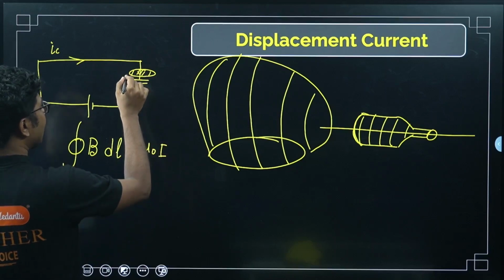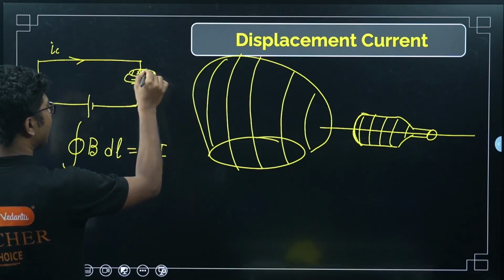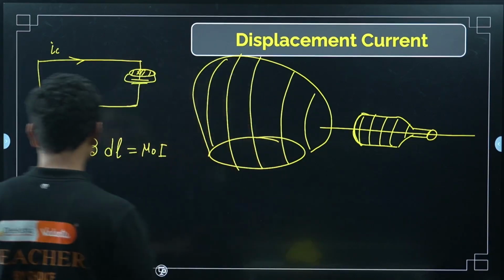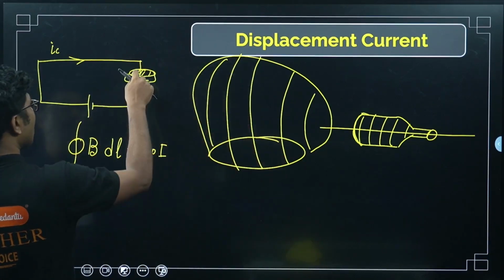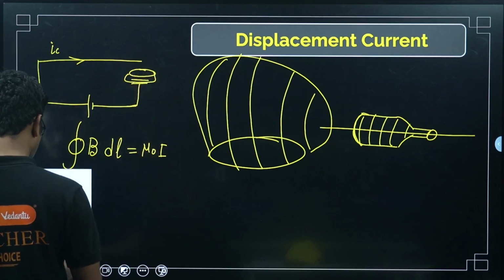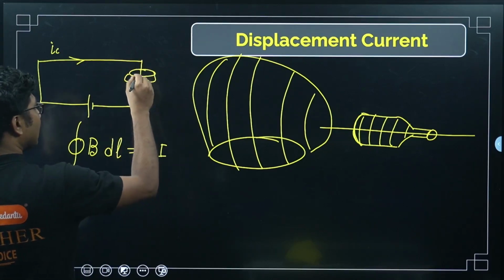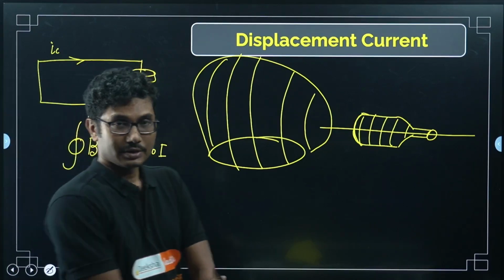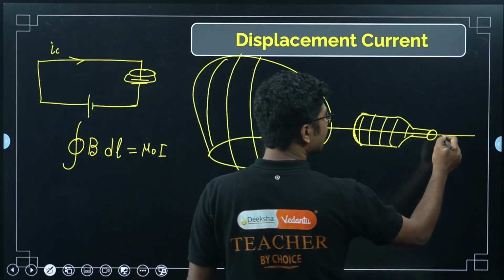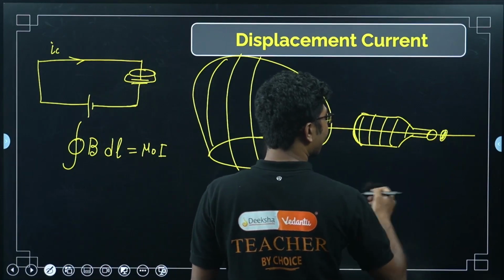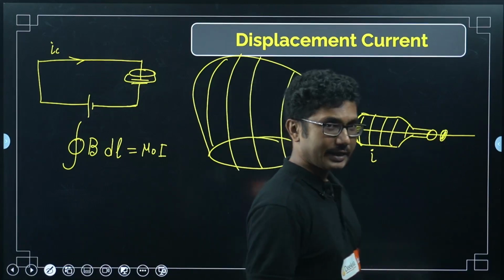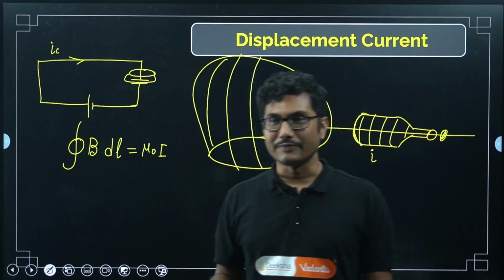But if you consider any other surface having the same common outline, but going through the inner region, then there is no current passing through this, so there is a discontinuity. In the earlier case, whichever surface you consider, the current passing through is I, so Ampere's law is equally valid.